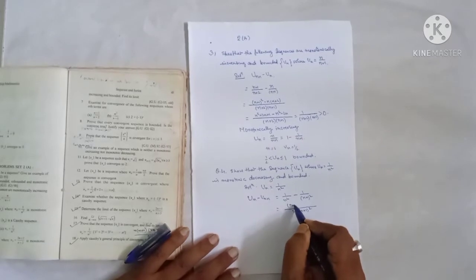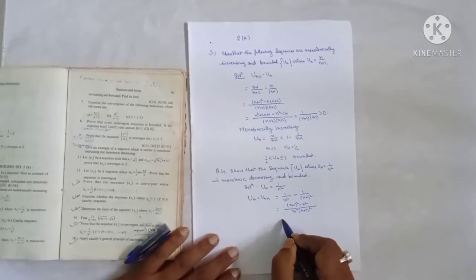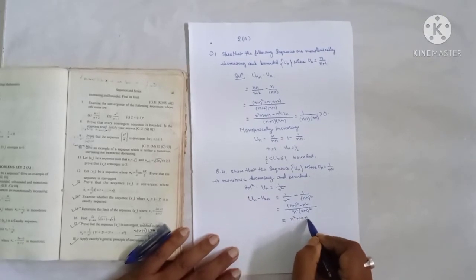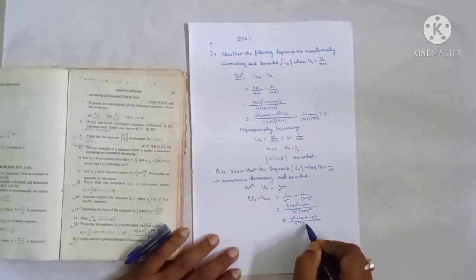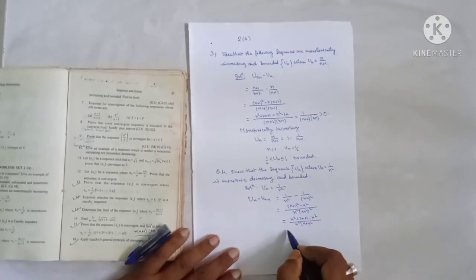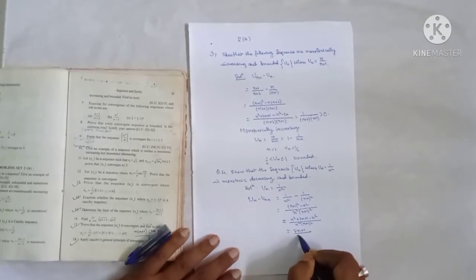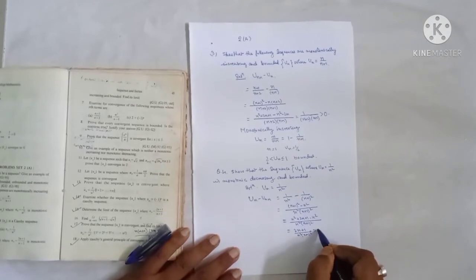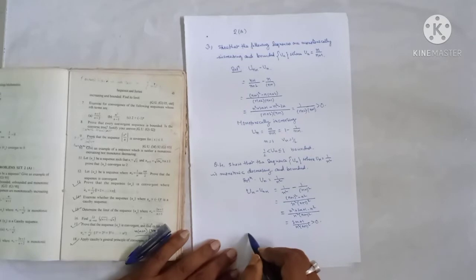So this is n plus 1 the whole square minus n square, which is equal to n square plus 2n plus 1 minus n square by n square n plus 1 the whole square. So this is 2n plus 1 by n square n plus 1 the whole square, and this is greater than 0. So it is monotonically decreasing.